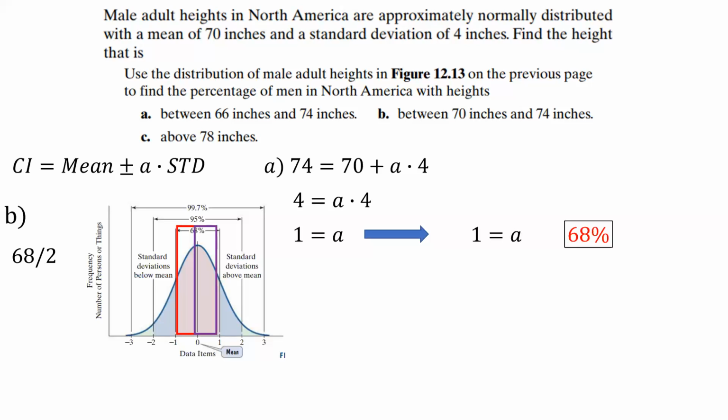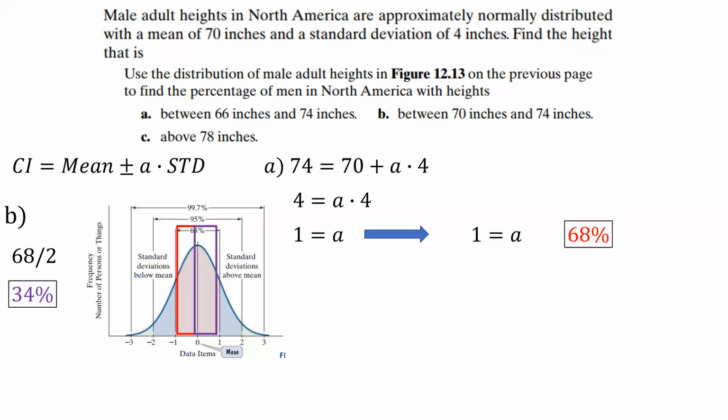So looking at my picture, I put in purple what region I'm describing. I'm describing the area from my mean to 1 standard deviation above my mean. So I take that red region and I divide it by 2. I'm still looking at the red region, but I'm only looking at the top half, not the bottom half. And so if I take 68 divided by 2, I find that 34% of men are going to be between 70 inches and 74 inches.